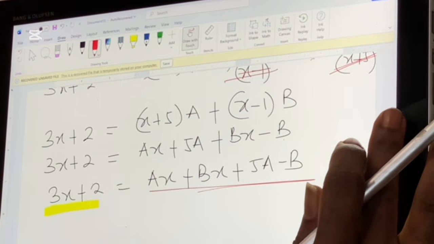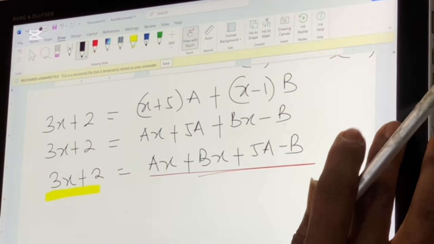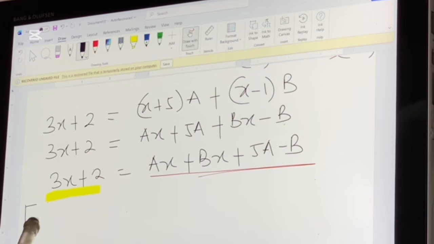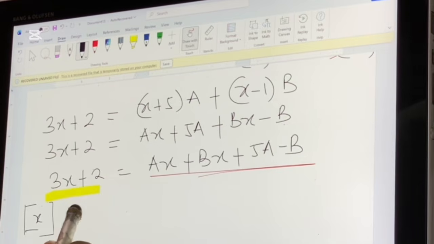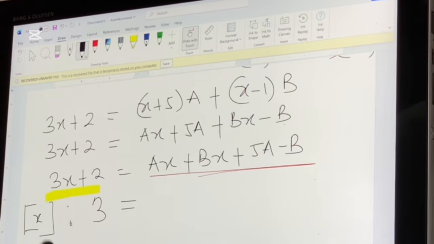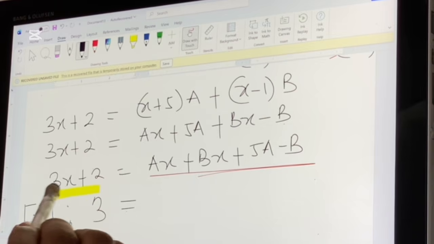In terms of their letters, at the right hand side we have the s terms. So compare all the s at the left hand side. We have 3, the coefficient of s here.